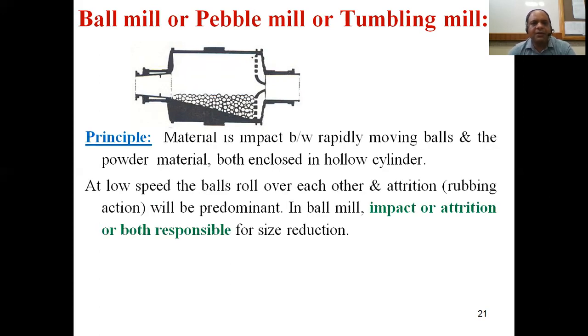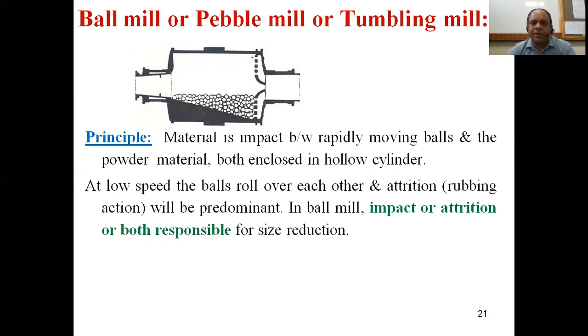The principle behind the ball mill is based on impact. Material is impacted between rapidly moving balls and the powder material, both enclosed in the hollow cylinder. At low speed, the balls roll over each other and attrition, a rubbing action, will be predominant.